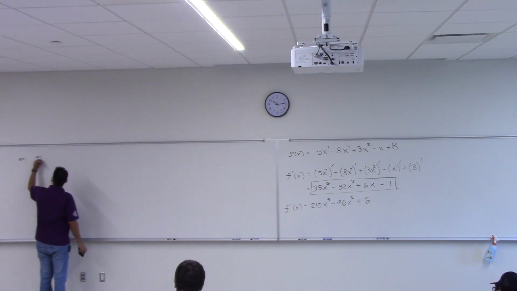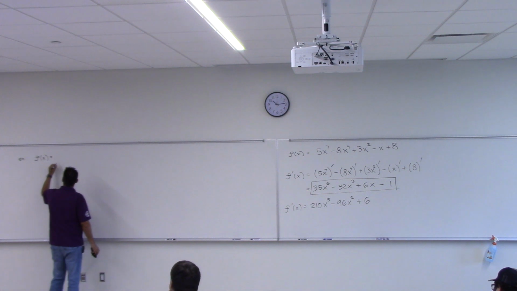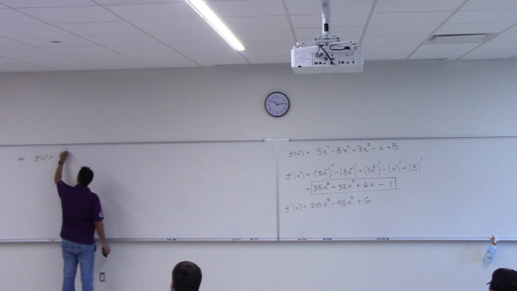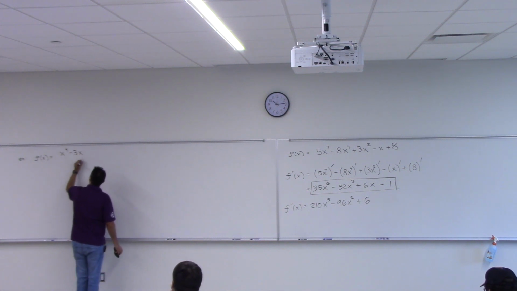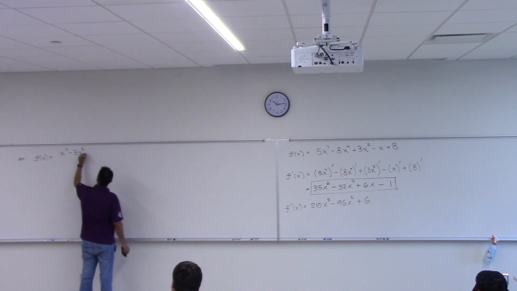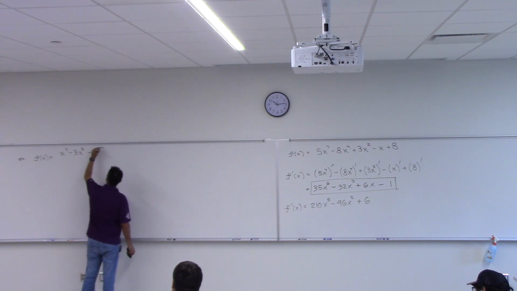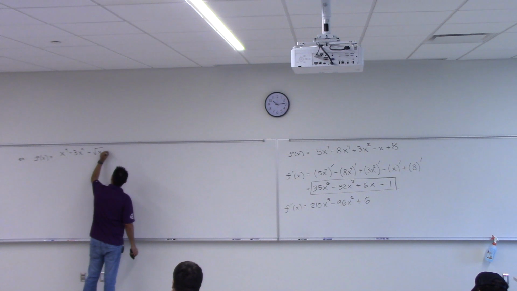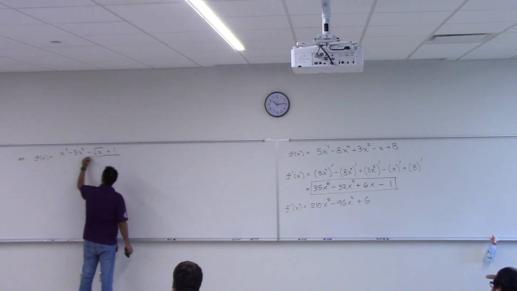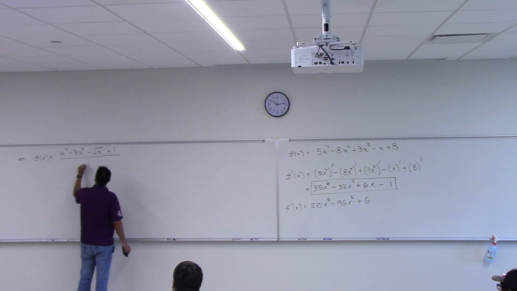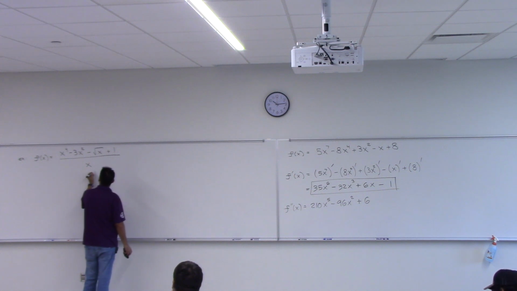How about this one? f of x is x to the 4th minus 3x squared minus the square root of x plus 1 over the cube root of x.